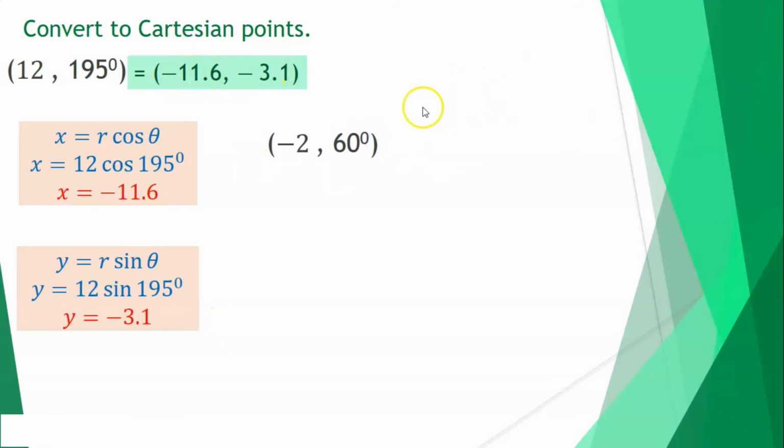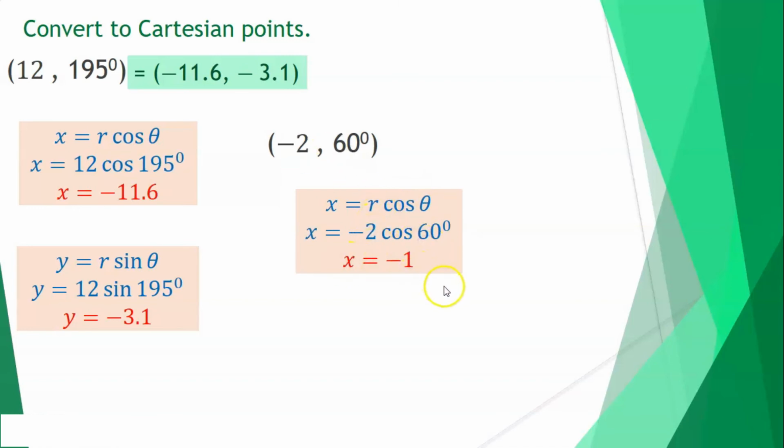Okay, next, -2 and 60 degrees. So in this case, 60 degrees is located in the first quadrant. But take note, it's negative, so you have to get its opposite quadrant. So still, it is in the third. So substitute x, r cosine theta. So it's -2 and cosine 60, our x is -1.